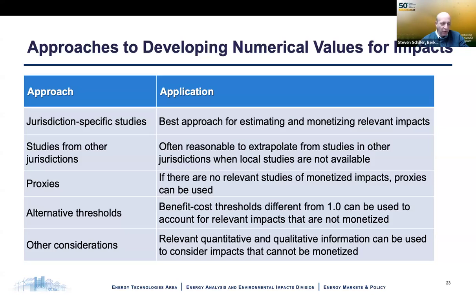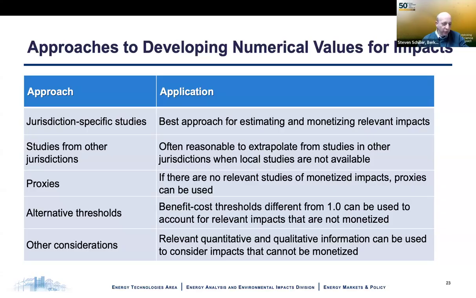Basically, these are value estimates that serve as a placeholder in some cases until you come up with some specific values. Because again, if that impact is relevant and material, and you say it's just too hard to come up with a number, you're essentially assuming it's worth zero. It's either a zero cost or a zero benefit. It's better, if it's relevant and material, to at least come up with some sort of estimate.